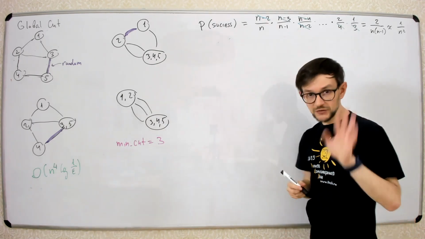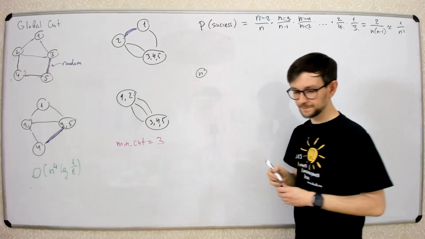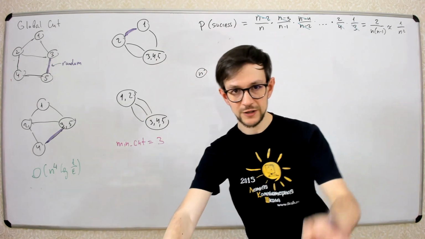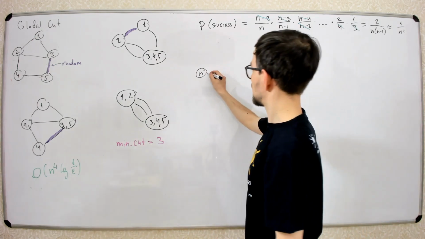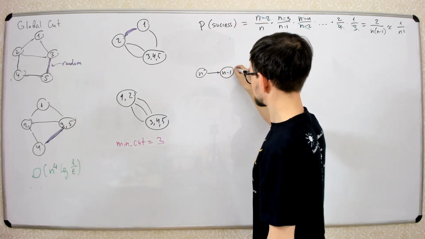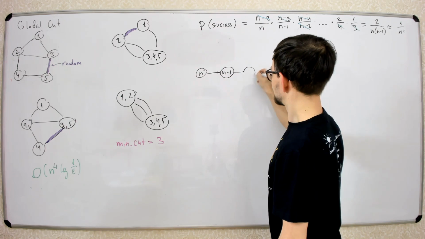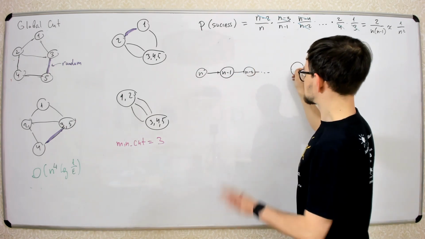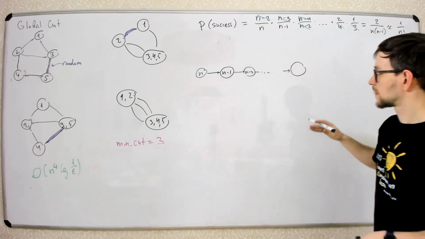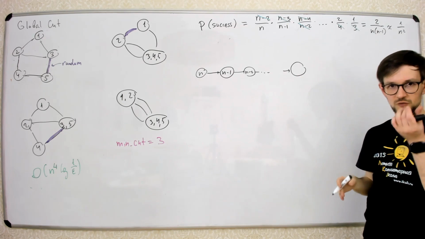So let's start, again, you have a graph of size n. Now you select some random edge and merge these two nodes into one. And you have a graph of size n minus 1. Again, you select a random edge. You get a graph of n minus 2. And so on. Now, let's stop at some point. So before we just did it until we get the graph of size 1.